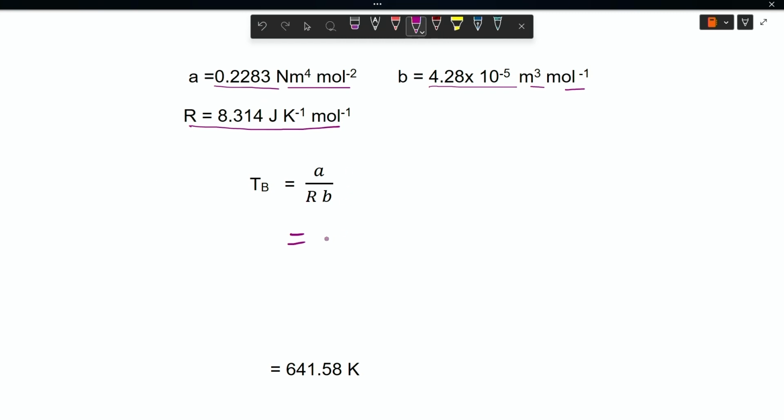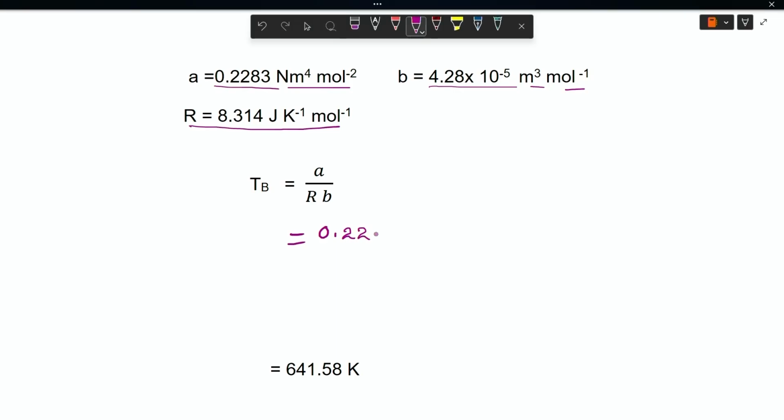The value of A is given as 0.2283 newtons meter raised to 4 mole raised to minus 2, whole divided by RB.